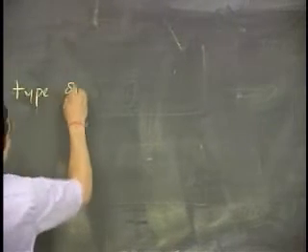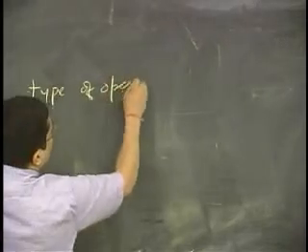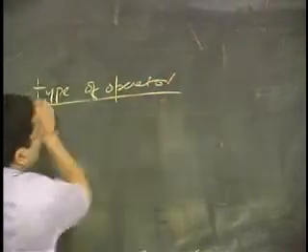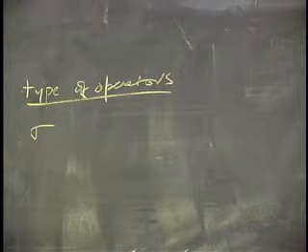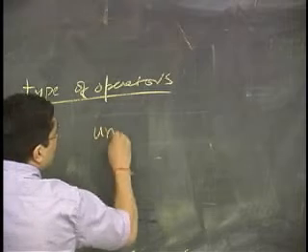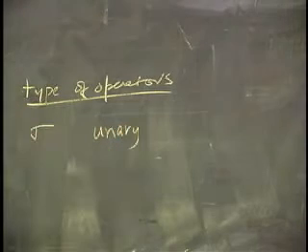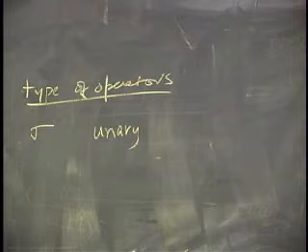The other classification is the type of operators. What we saw was that select was working on one relation, so it is called a unary operator. Mathematicians never objected to calling relationships operators.